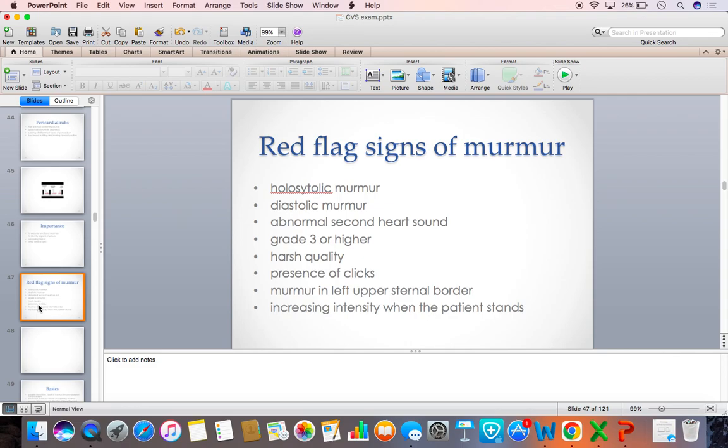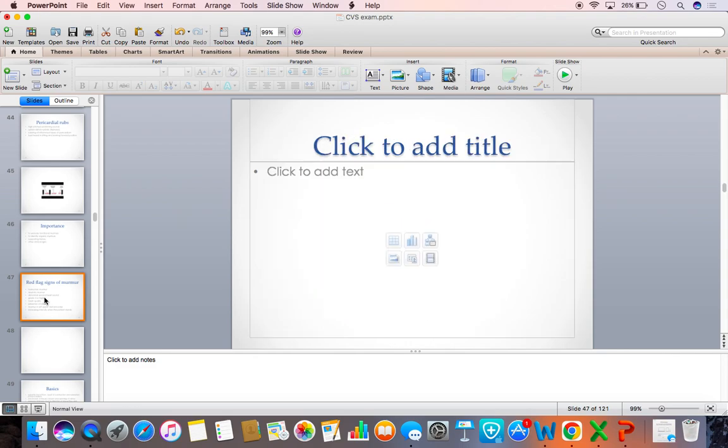Diastolic murmur is pathological. Abnormal second heart sound, loud or wide split, etc. The murmur is more than grade 3. Harsh in quality. Presence of clicks. Murmur in the left upper sternal border. And murmur increasing in intensity when the patient is in erect posture. These are the red flag signs of a murmur.